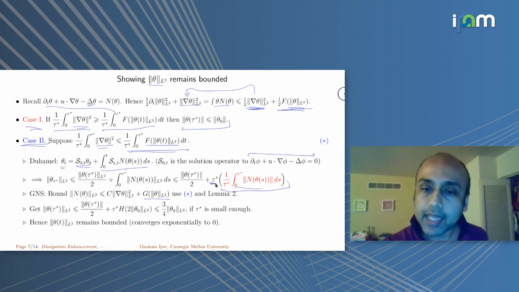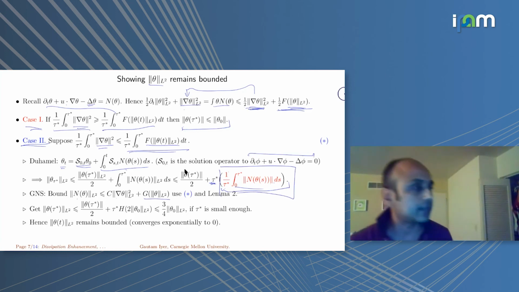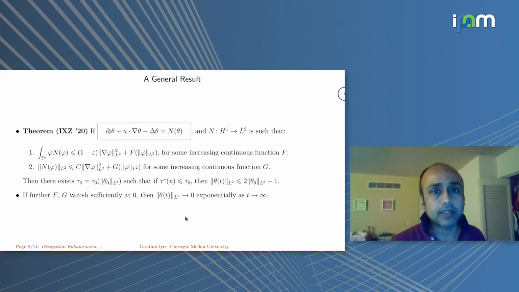So if I take tau star times whatever bound I got for that term and say that it is less than half the initial data, I'm in business. And that's exactly how you prove the theorem. You have tau star times some function of the initial L2 norm. If tau star is smaller than whatever this is, and you can compute this function explicitly, you have exponential decay to 0.